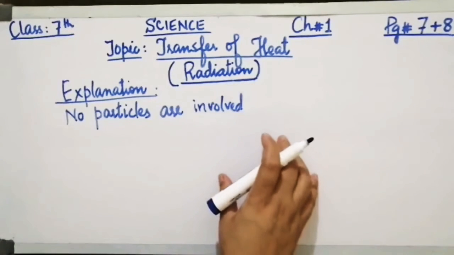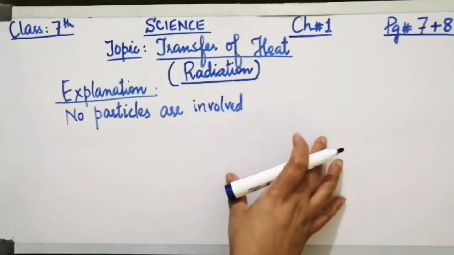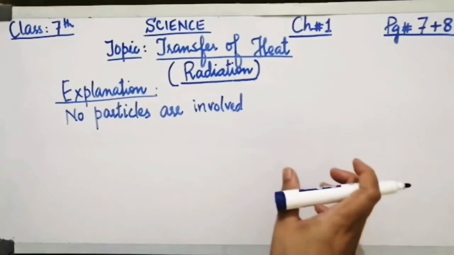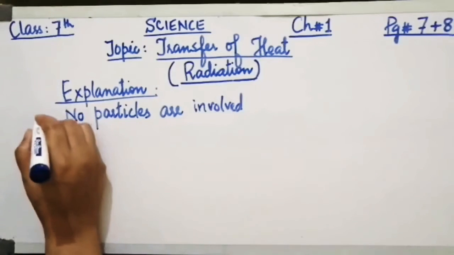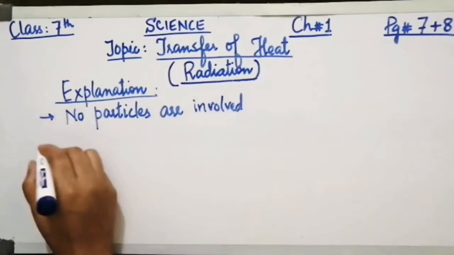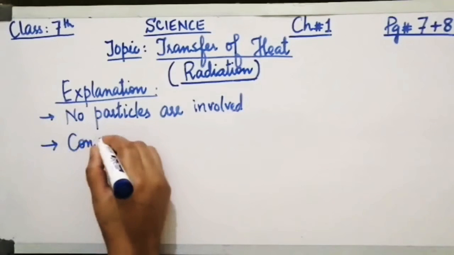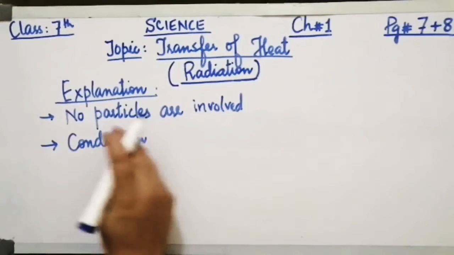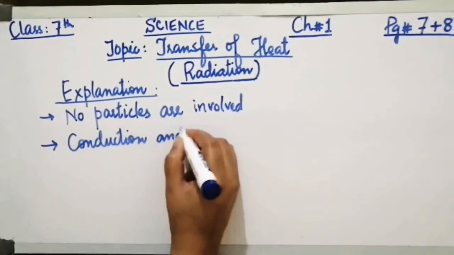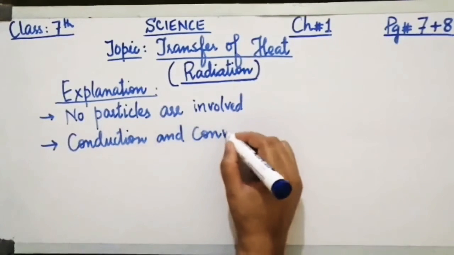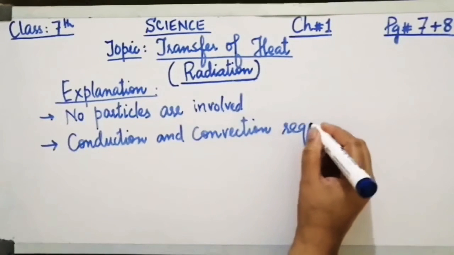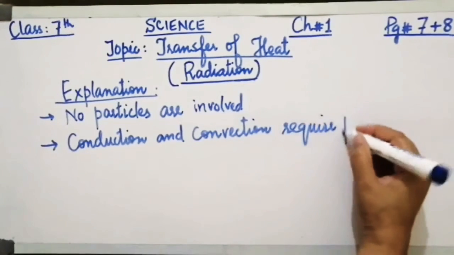So unlike the processes of conduction and convection, radiation can even work through vacuum or space. जैसा कि हम जानते हैं कि कंडक्शन और कन्वेक्शन ऐसे प्रोसेसेस हैं जिनमें मटेरियल मीडियम यानी पार्टिकल्स की ज़रूरत होती है। Conduction and convection need and require particles.